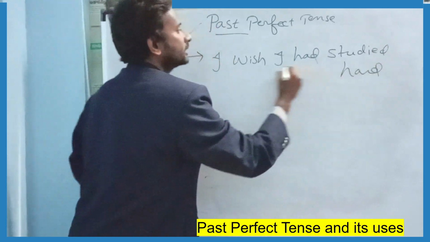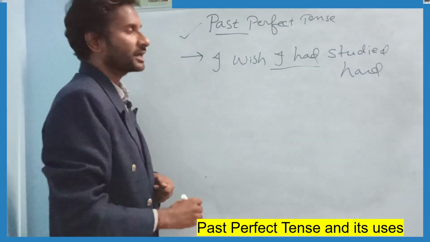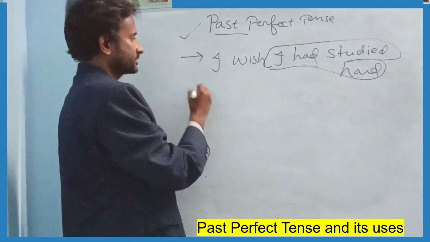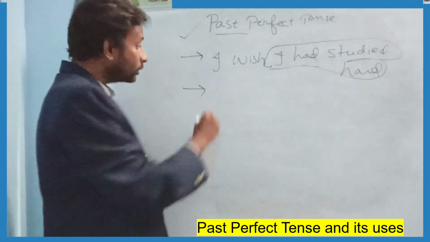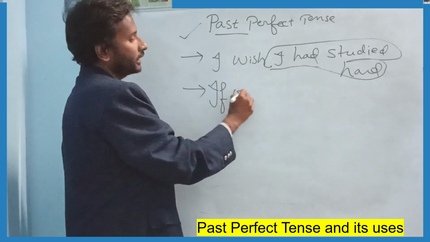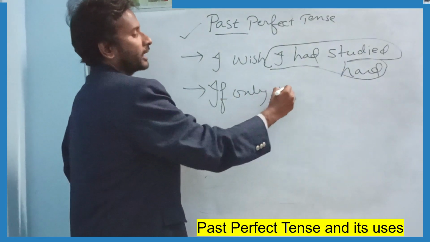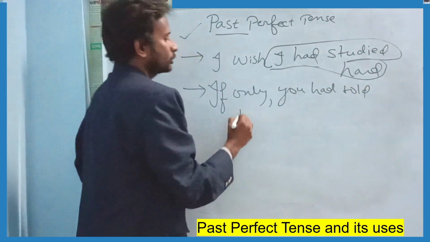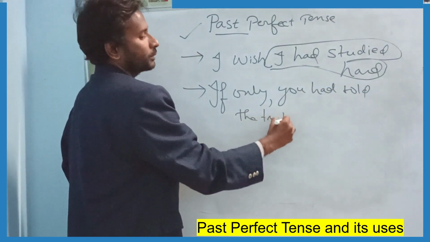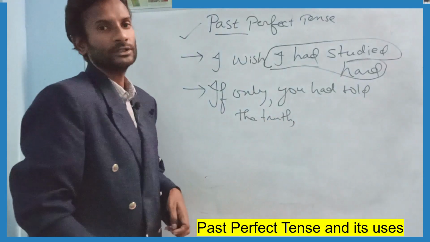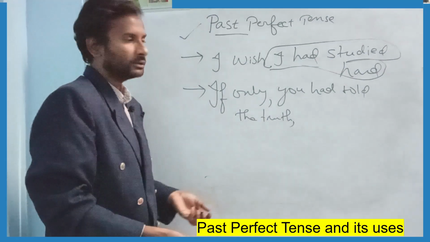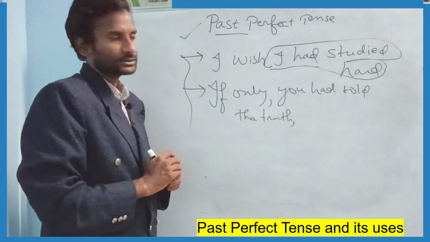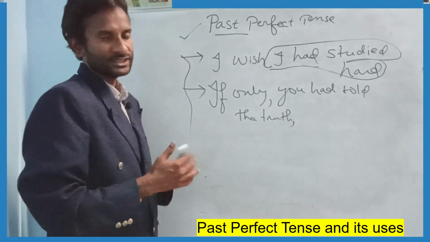This is the regret, so regret should be in past perfect tense. If only you had told the truth, things would have been different, things would have been peaceful, things would have been forgiven. These are past regrets, so you can also use past perfect tense in these ways.